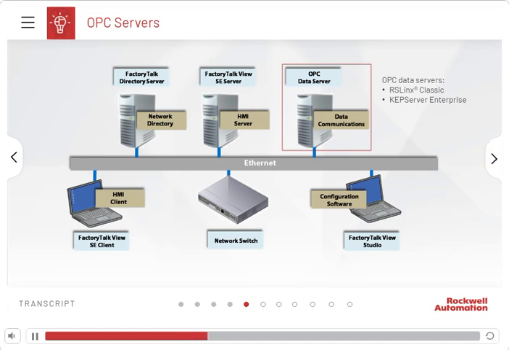RSLinx Classic should be used in the following situations: when SLC to non-SLC routing is required to reach a device, when unsolicited messages are used to send data from controllers, or when alias topics, or multiple paths to the same devices, are required. KEPServerEnterprise is used to communicate with non-Rockwell Automation devices and requires activation or licensing.